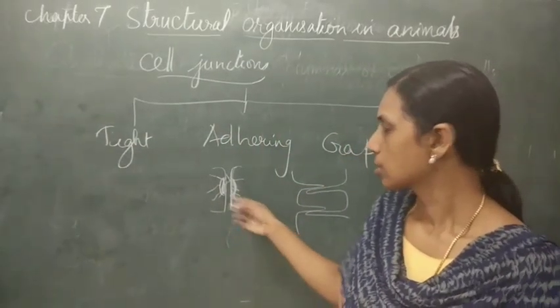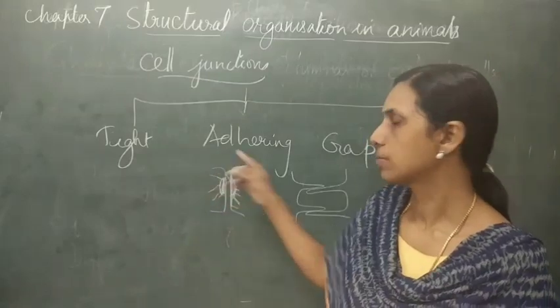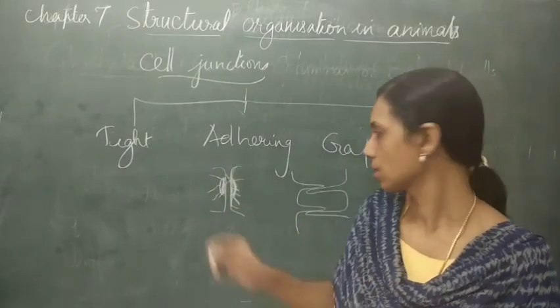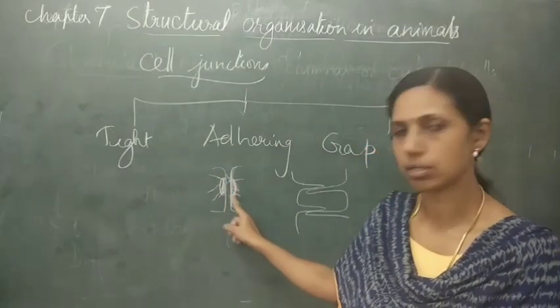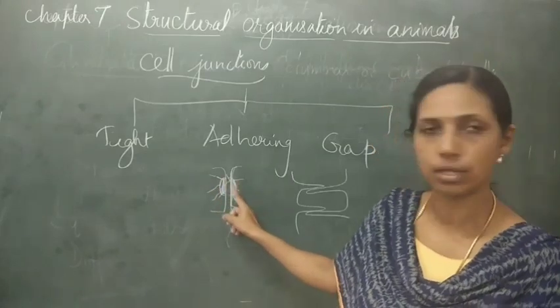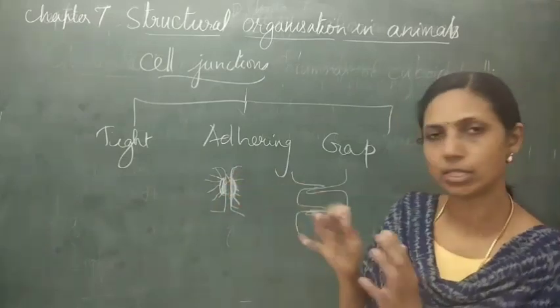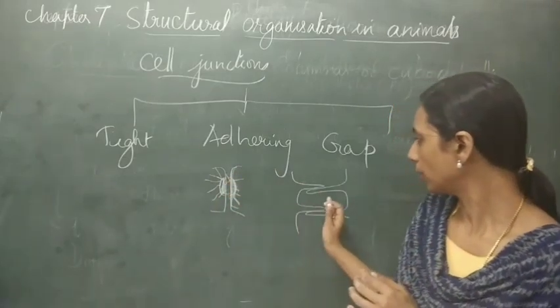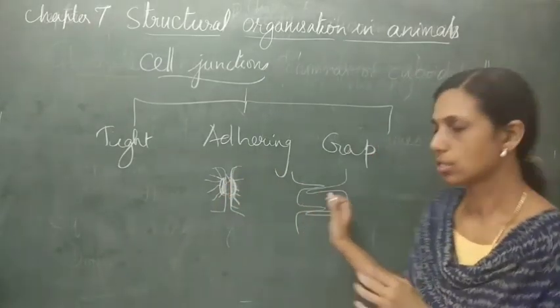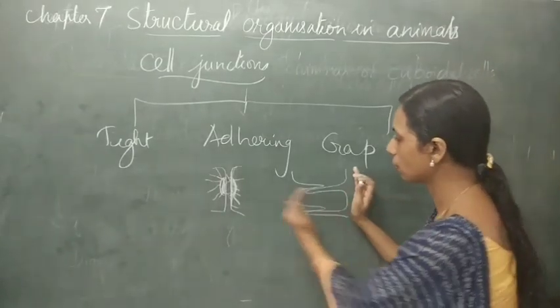So adhering junctions help in the close contact of the cells. It could be in the form of disc-shaped structures on the sides of the cells, from which fibers arise and help in attaching the cells to one another. Or it could be in the form of interdigitations. So you can see projections of one cell and another cell.